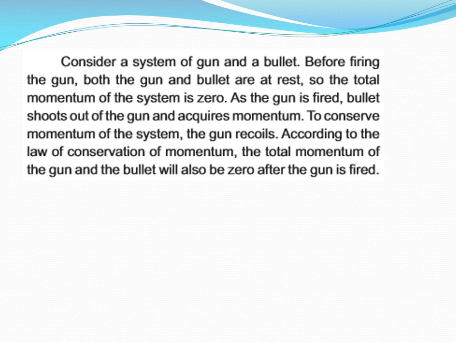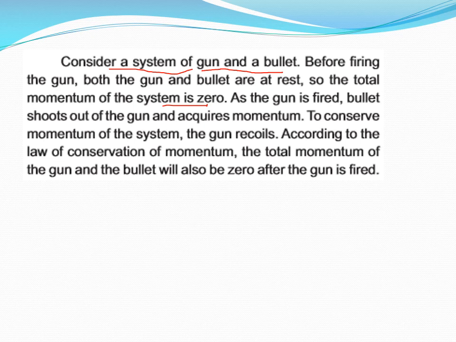So let's start. Consider a system of a gun and a bullet. Before firing the gun, both the gun and the bullet are at rest, so the total momentum of the system is zero because nothing is moving. And you know momentum is the product of mass and velocity. As both were at rest before firing, the total momentum is zero.